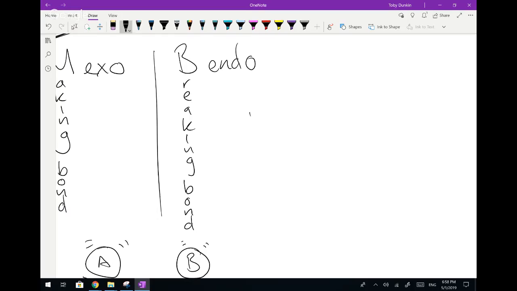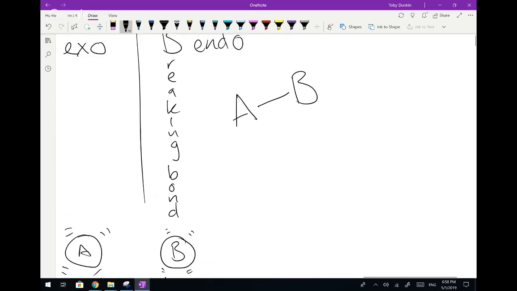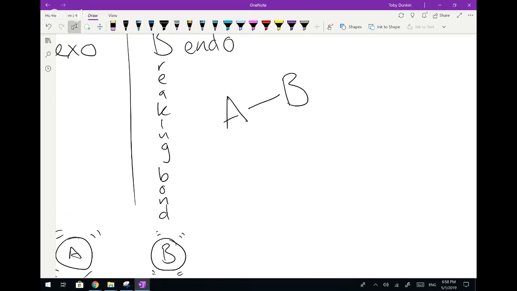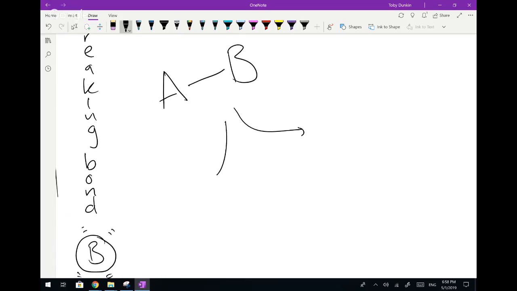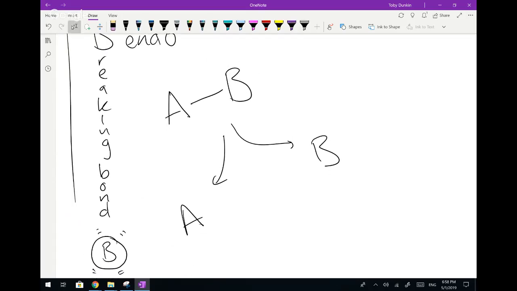If you have a bond between 2 atoms, 2 species, 2 molecules, and I want to rip them apart and produce separate A and separate B, in order to break that bond I am going to have to add energy.